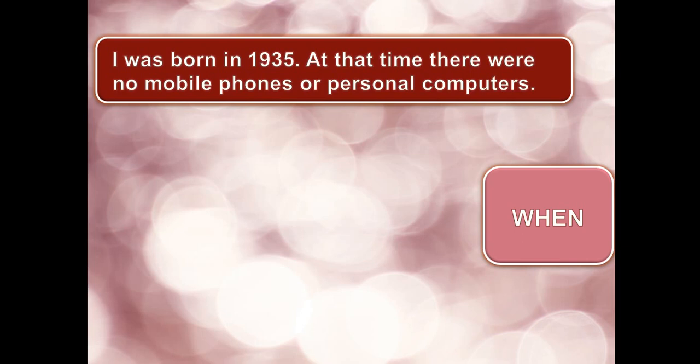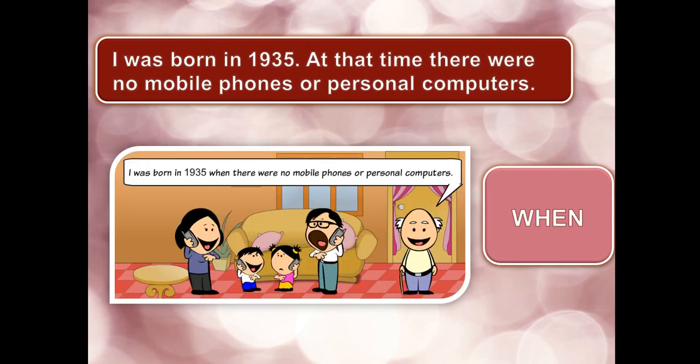So the sentence will be, I was born in 1935 when there were no mobile phones or personal computers. Here I put when to link the sentences.